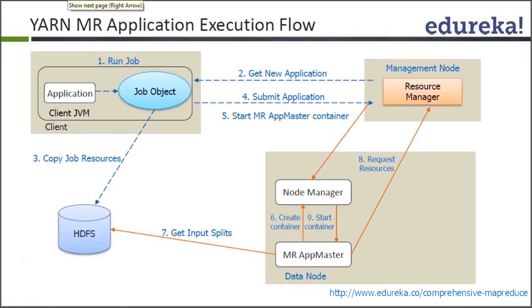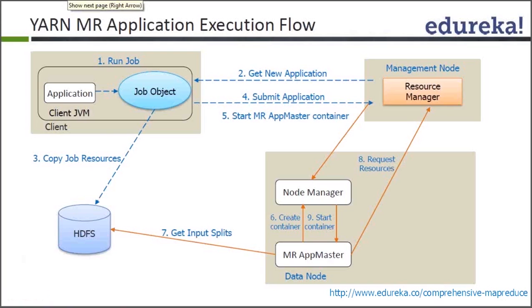So now, step number 5, the resource manager will ensure that you start the application master container. So it will tell the node manager to create the container on the data node itself. So that is step number 5. It will start the application master container by telling the node manager to create the container.